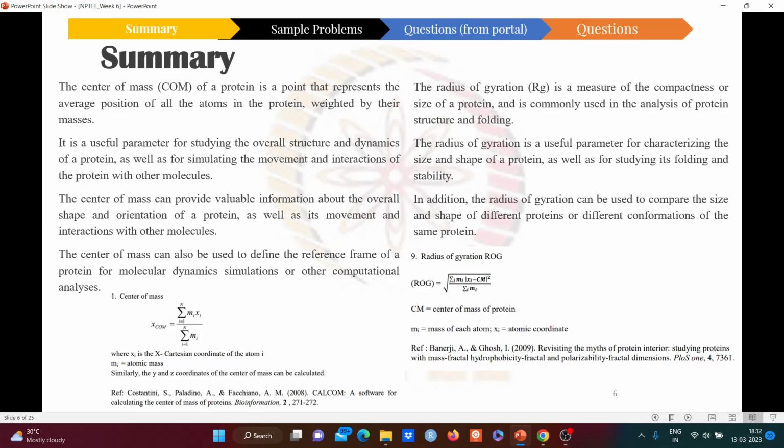It can also be used to analyze the effects of mutations or ligand binding on protein structure and dynamics. In summary, the radius of gyration of a protein is a measure of its size and compactness, which is calculated as the root mean square distance of all atoms from the center of mass of the protein.